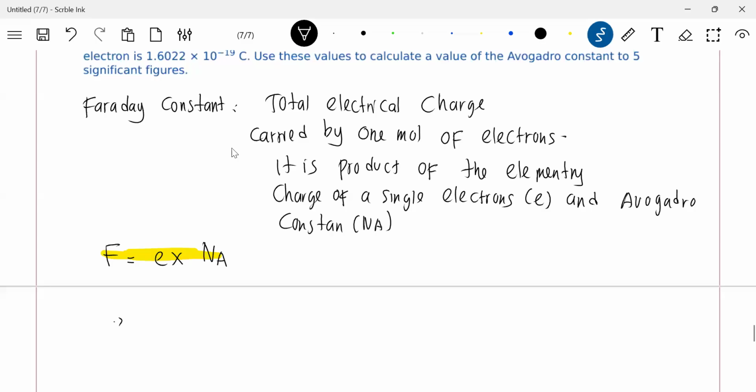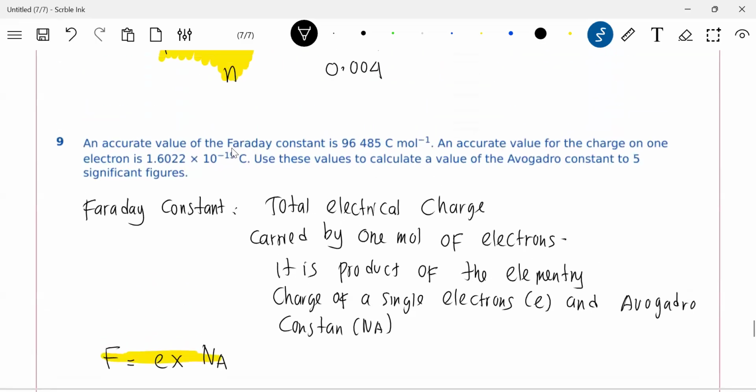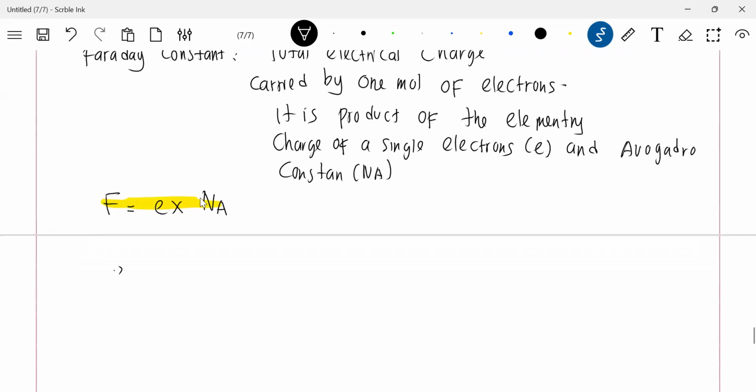Okay, now back again to this question. The Faraday constant, we know. So we input for the Faraday constant F, 96485 coulomb over mole.